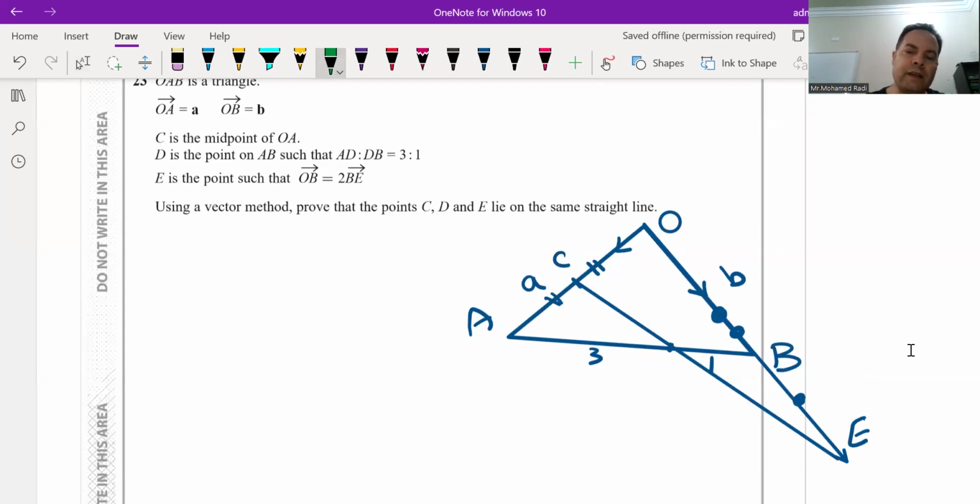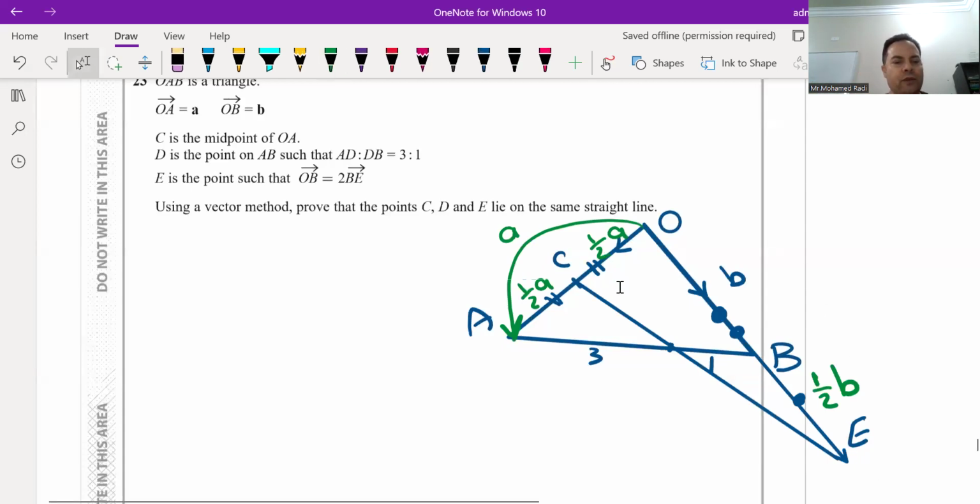Now, it's given OA is a, so this part is half a, and this part is half a, and the total is a. OB is b, and the BE now will be half of b, because OB is double of BE.